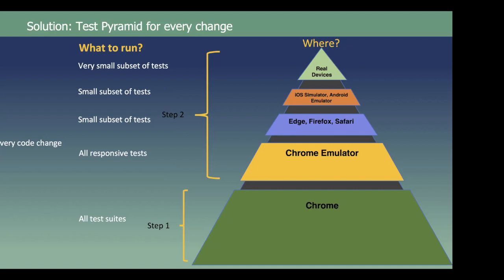And then you run it on one of your top browsers, Edge, Firefox, and Safari. Run on iOS emulator and simulator for certain things. Then you go to a real device for, hey, if I open my site on Safari, is it crashing? Or I want to just make sure that I run it on a real device. So a tiny amount of tests on real devices.